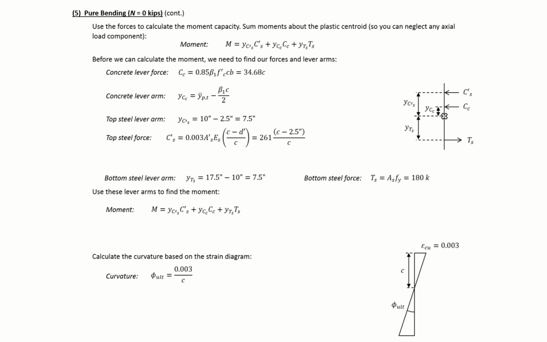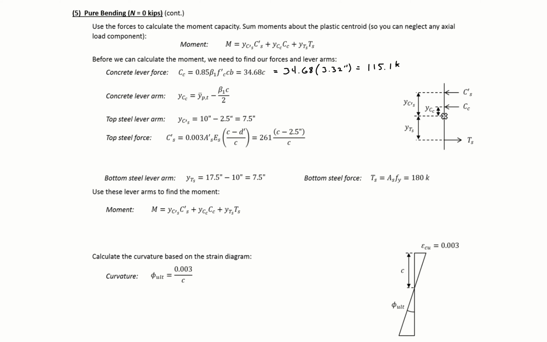Using our C, we can calculate our concrete force. So this will be equal to 34.68 times our C, which we found to be 3.32 inches, which will give us a force here equal to 115.1 kips.